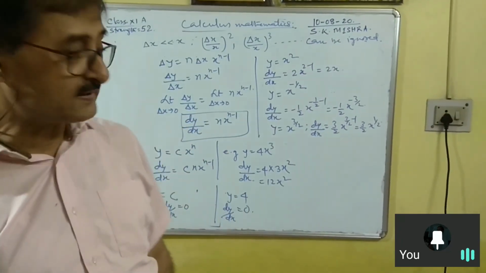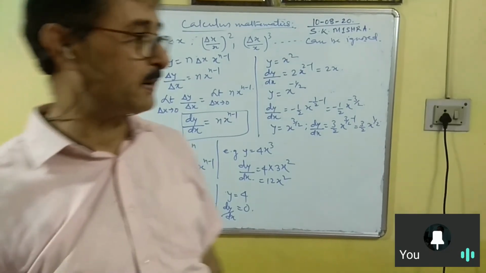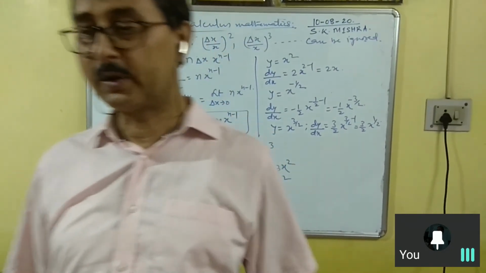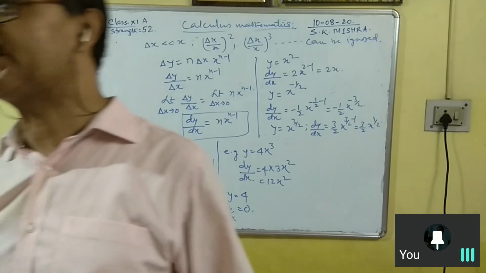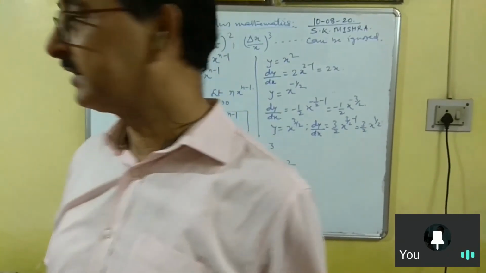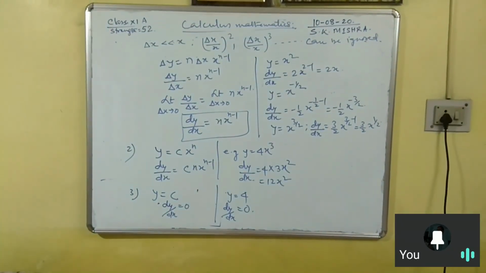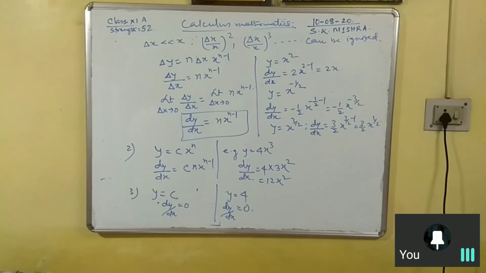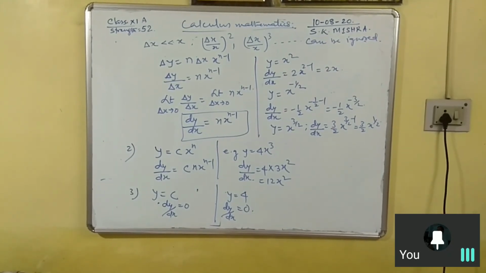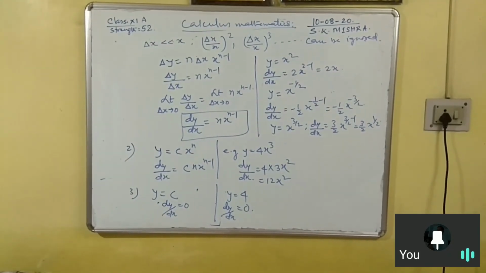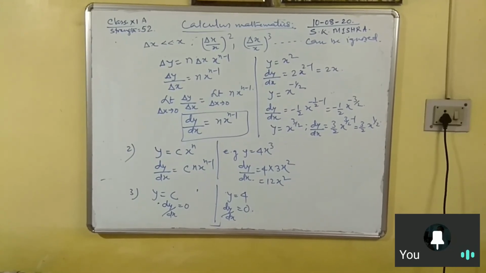So in the next class, I will discuss the trigonometric functions. Today we are discussing algebraic functions. So these are the formulas. I will discuss the formulas in detail in the next class, like the trigonometry part, and then the exponential part and logarithmic part.